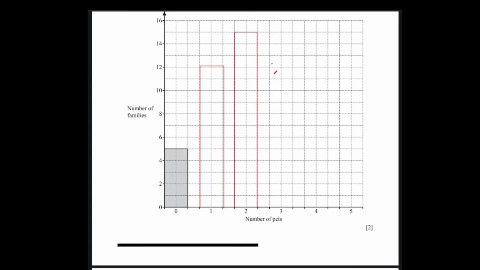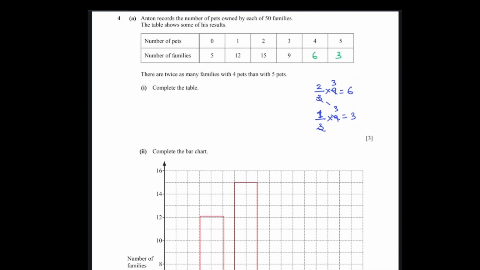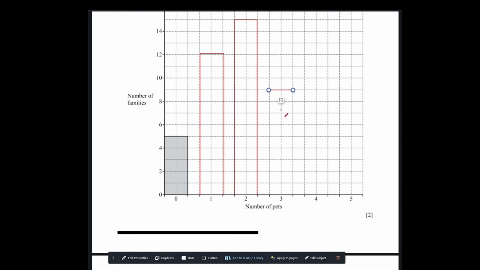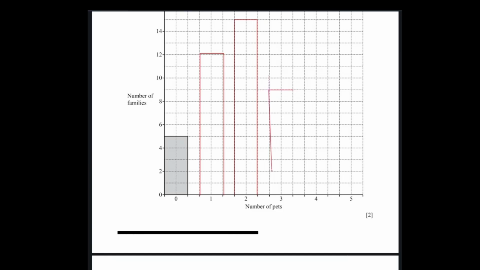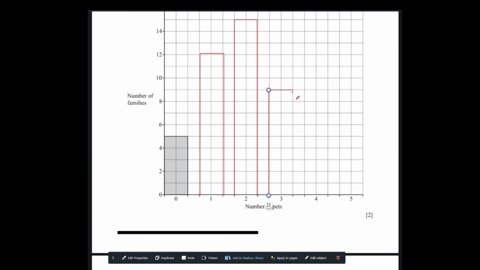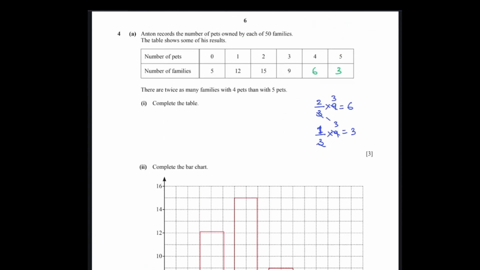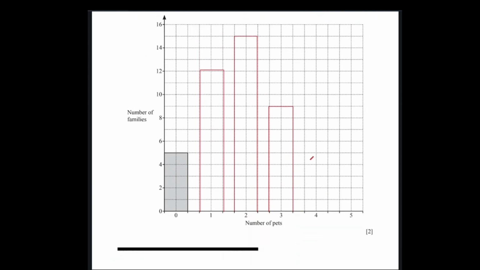Next, 3 is 9. So 9 is between 8 and 10, so it should be till here. So draw the vertical lines, making a bar. So this is another bar we have drawn. Then 4 and 6. So 6 is here. It should be up to here.